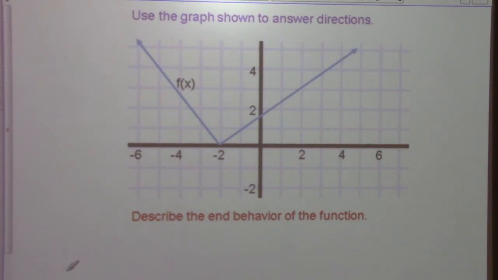As x approaches infinity, f of x approaches infinity. Okay. Any questions about that? Does that look good so far? Okay, and any other end behavior going on here?